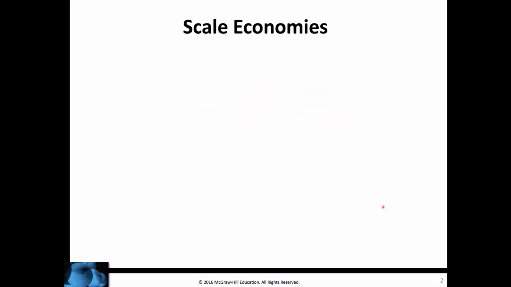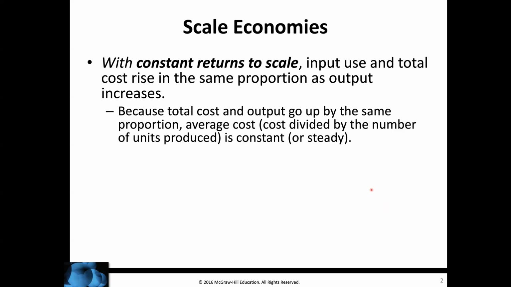First, we'll discuss scale economies and what that means. First, we'll discuss constant returns to scale. Constant returns to scale are when input use and total cost rise in the same proportion as output increases. Because total cost and output go up by the same proportion, average cost, or cost divided by the number of units produced, is constant or steady.